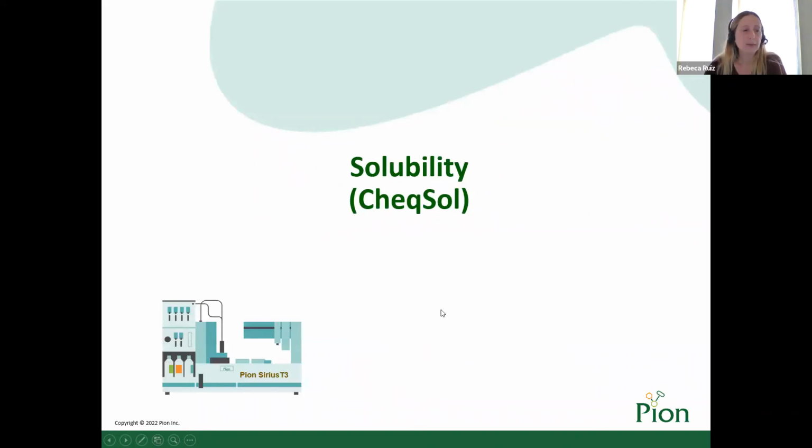So here we are going to talk about Checksol, the salt solubility. For that, we need the pKa of the compound, as we were talking about for the log P determination.